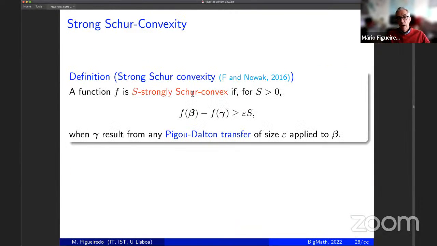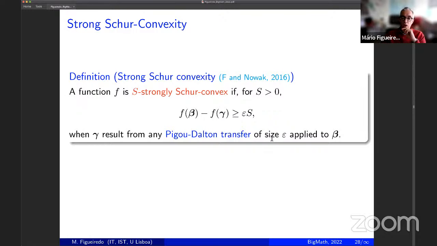And so with the Pigou-Dalton transfer notion, we were able to define, and this is a new definition that we introduced in 2016, something called strong Schur convexity. We say that the function f is strongly Schur convex if, whenever gamma majorizes beta because it resulted from a Pigou-Dalton transfer. Notice that if you take a vector beta and you apply a Pigou-Dalton transfer, you always get another vector which is majorized by the first one, which is more uniform.